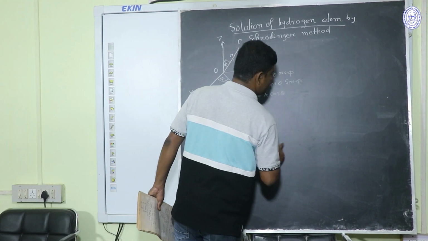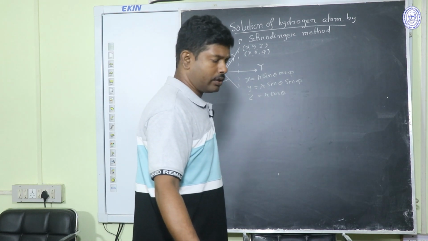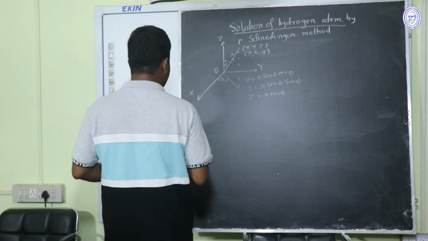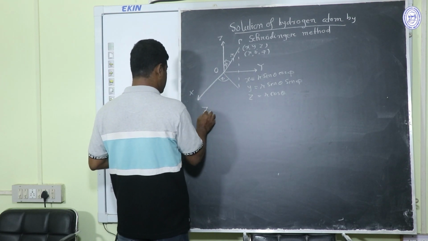And using this relation between Cartesian coordinates and spherical coordinates, we can transform the Schrodinger equation, and we have the Laplacian operator.